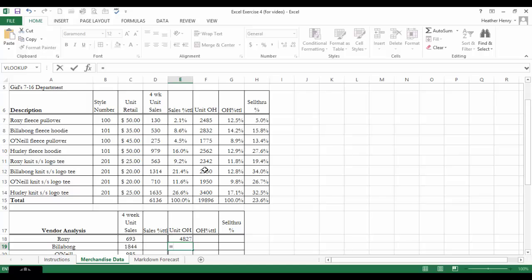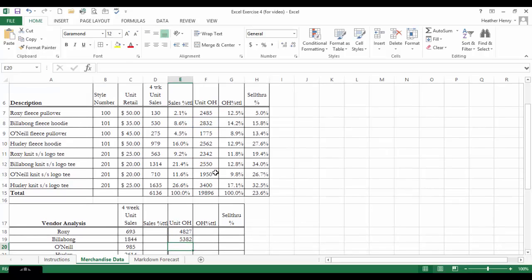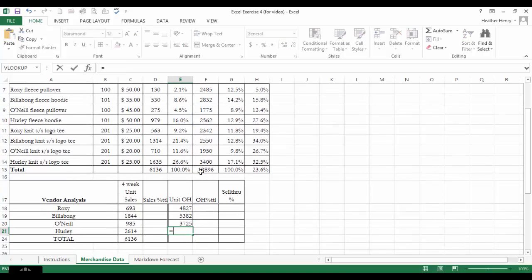Now I can do this for Billabong as well. Select my 2,832 units for the Billabong on-hand fleece plus the 2,550 units for the short sleeve logo tee. I will do this for O'Neill. And I will now do this for Hurley.